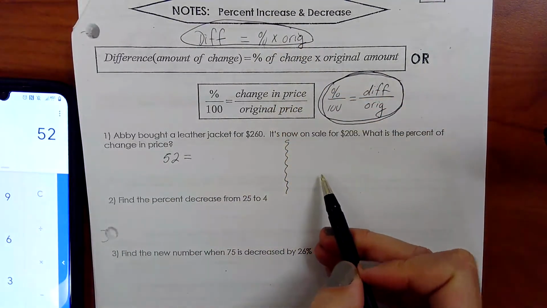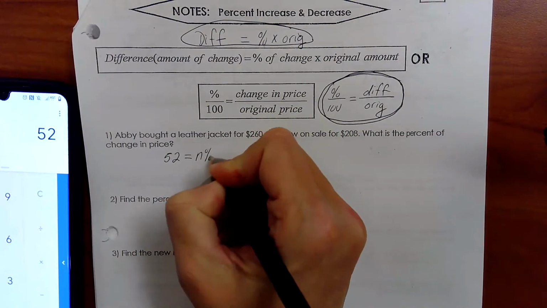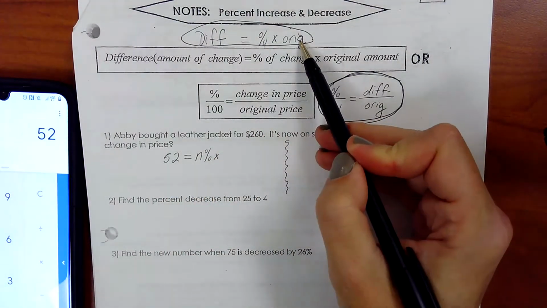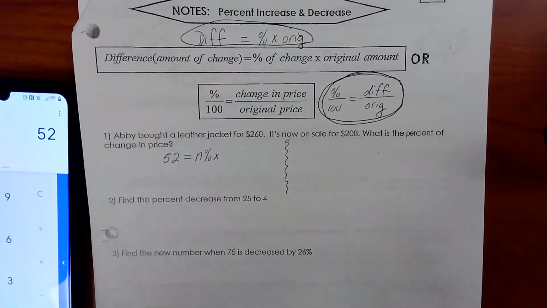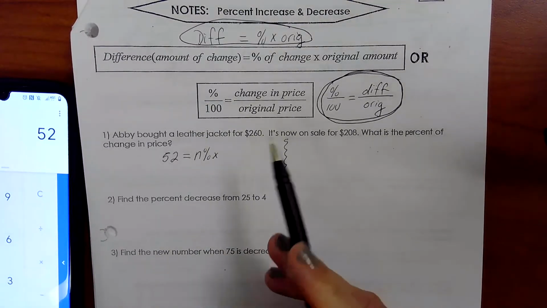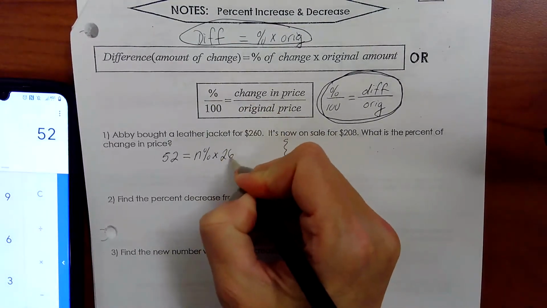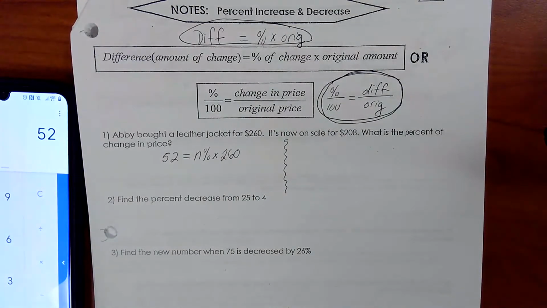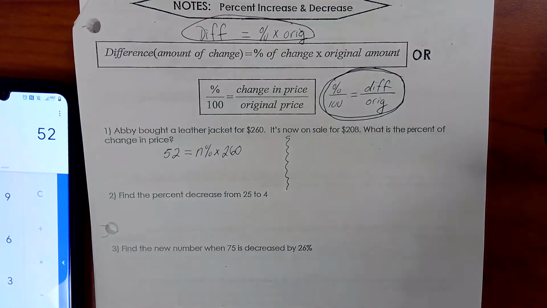Do we know the percent? No. Do we know the original? Original means the first one. The original recipe. The original whatever. So which one's the original? Where did it start? It started at 260, so that's going to go here. Now, how do you solve for n?